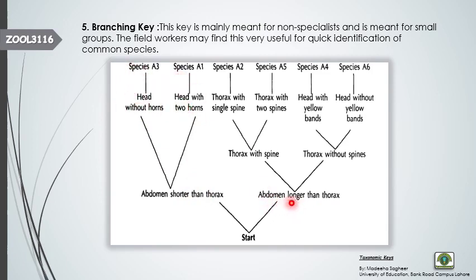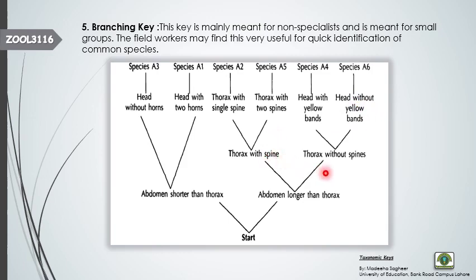And if the abdomen is longer than the thorax, then again you have two choices, thorax with spine, without spine. If the thorax is with spine, then you again have two choices, with a single spine or with two spines. And if without spine, then you look for a yellow band on the head. So head with yellow band or head without yellow band.